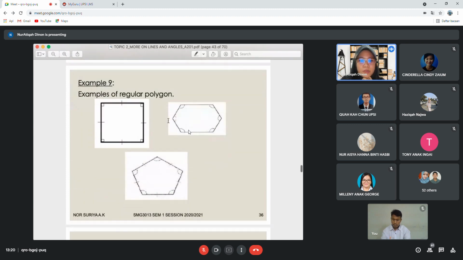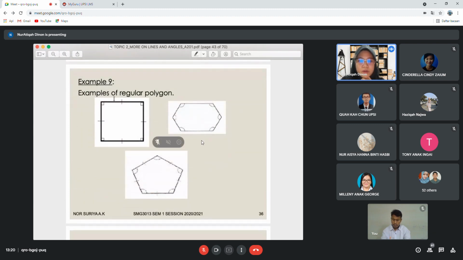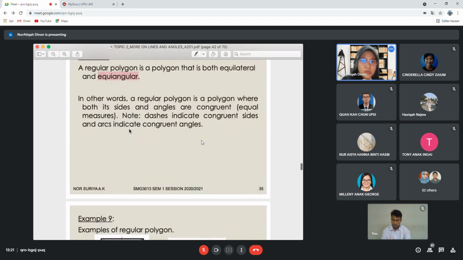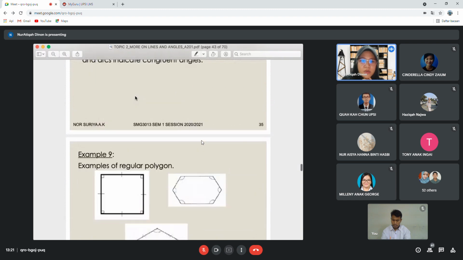So as you can see, this is some examples of regular polygons. This one is a square, same sides, so equilateral, and same angle for all 4 vertices, that means it's equiangular. Equilateral and equiangular.